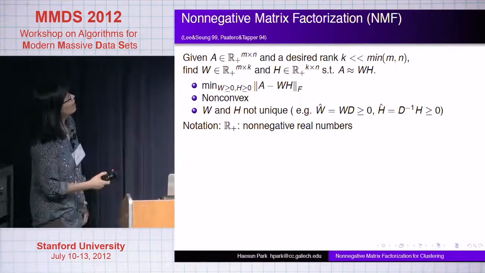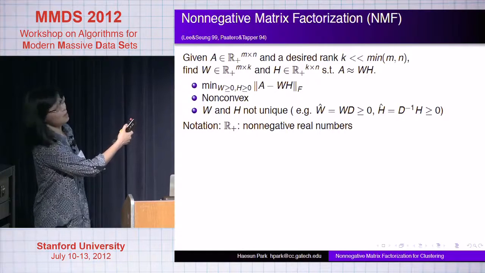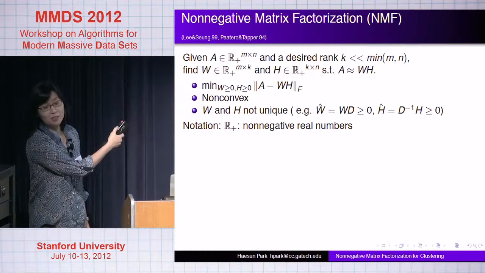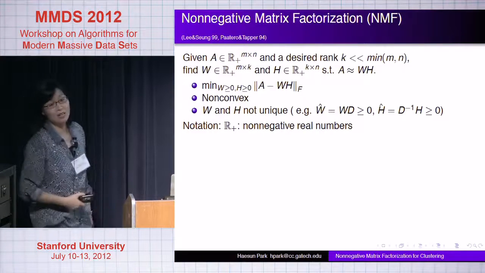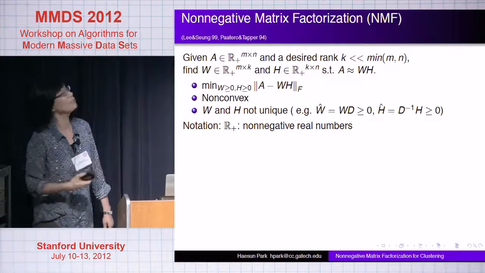Okay, so let me first define the problem. Given a non-negative matrix A, NMF can be defined for any matrix, but it makes more sense when the matrix is a data matrix, where data is encoded without using any negative component.